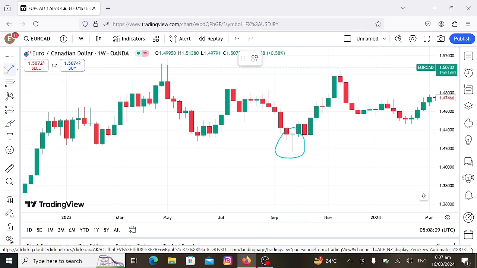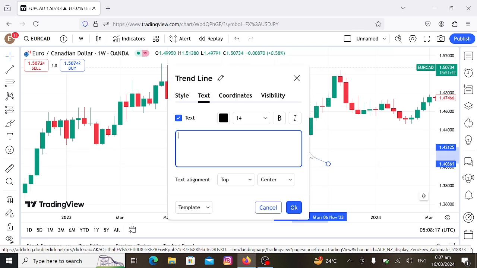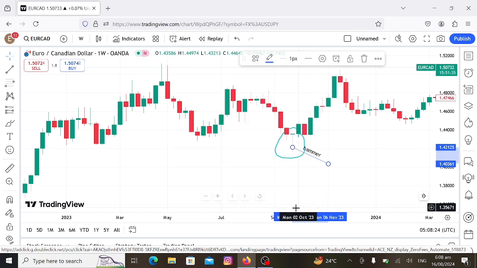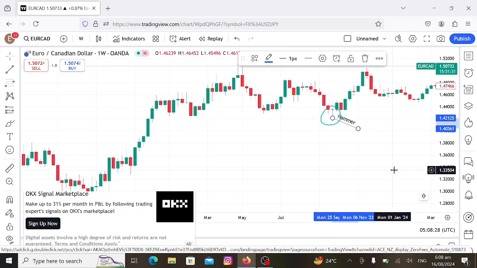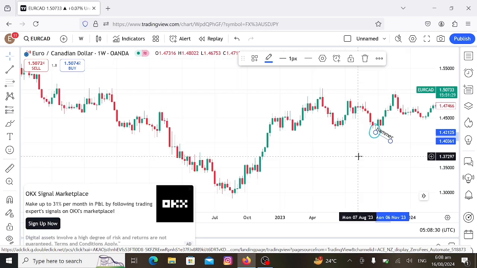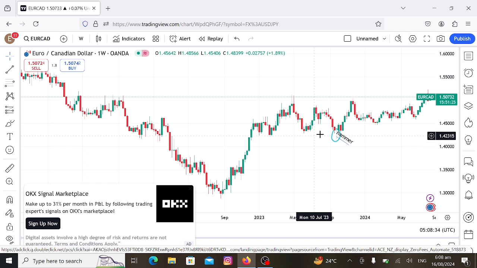This one. Let me mark it up. A hammer. Yeah, there is a hammer as well. So if you notice here, when the hammer forms, the market respects this place and starts buying upward.